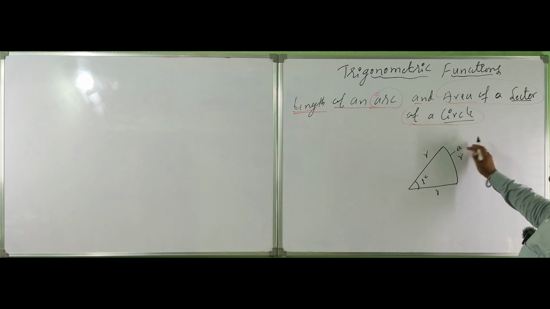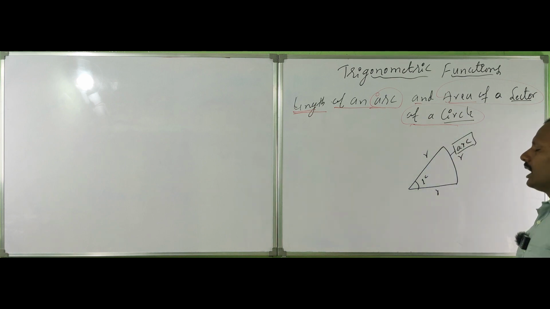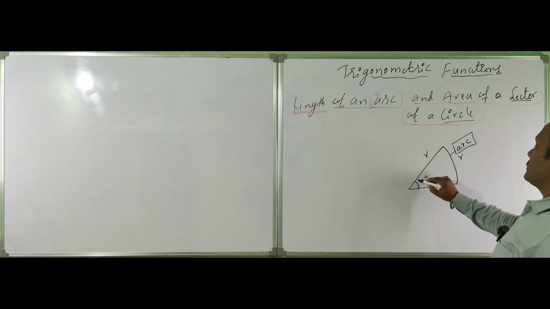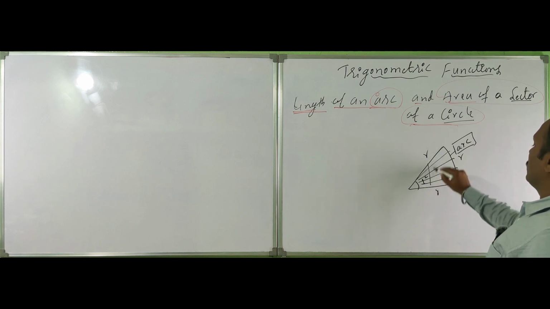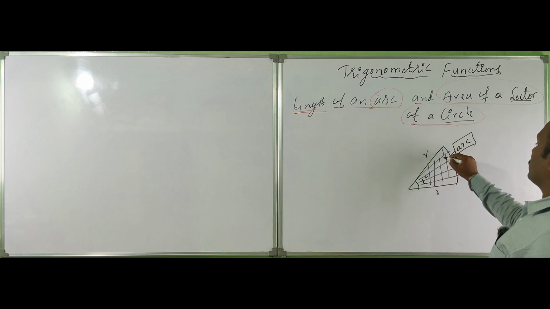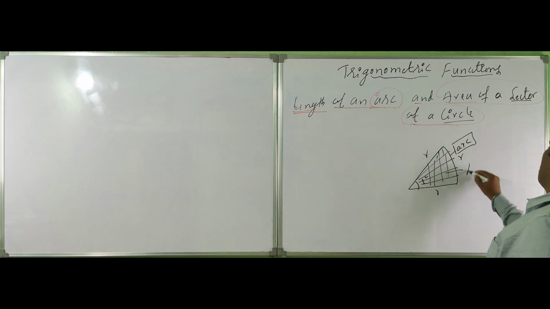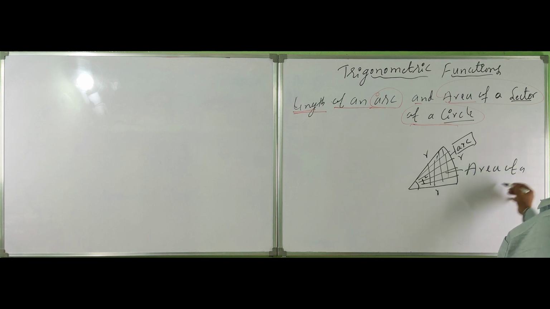This curve is called the arc, and the space between two radii and the arc is called the area of a sector.